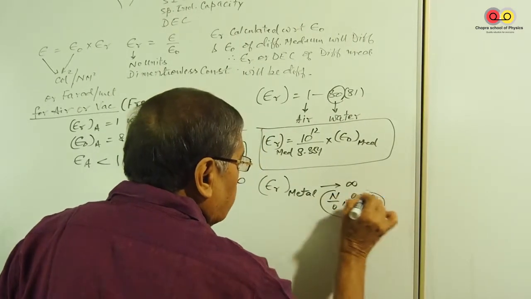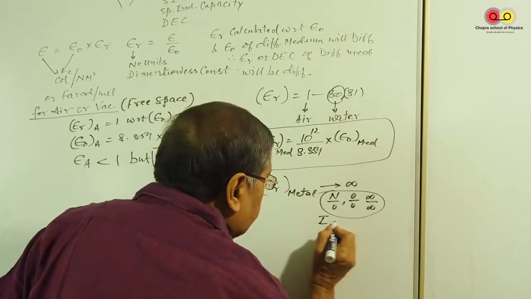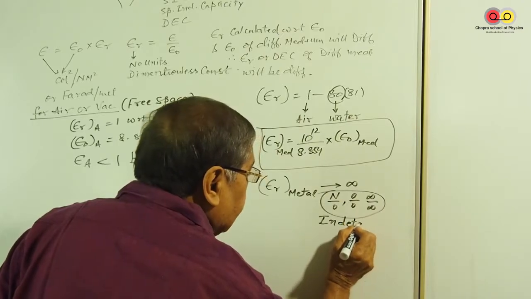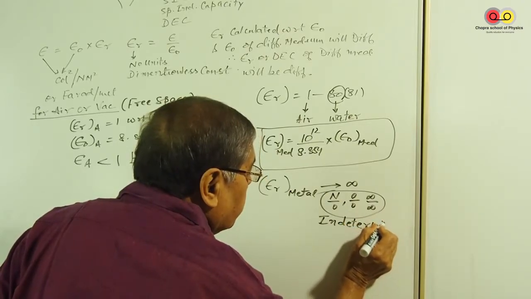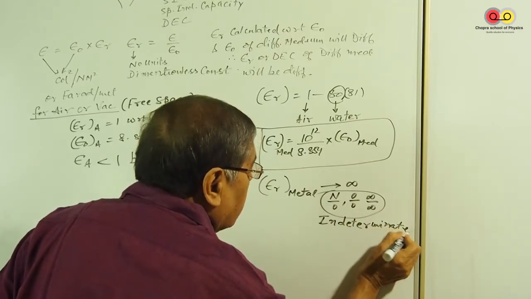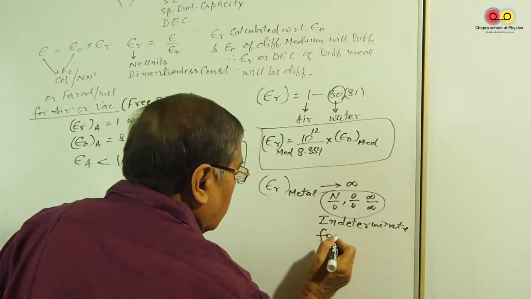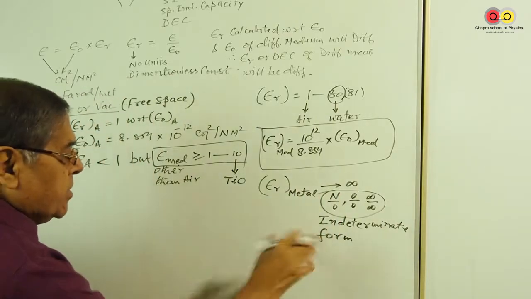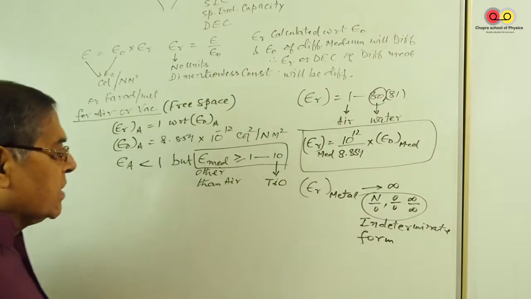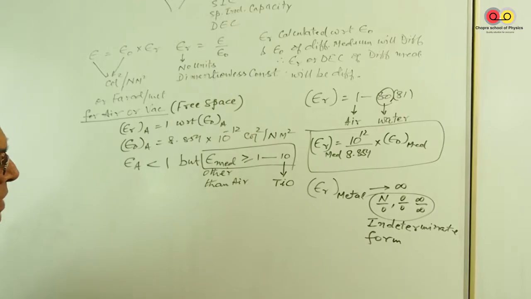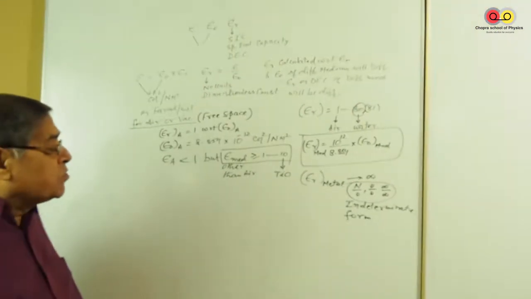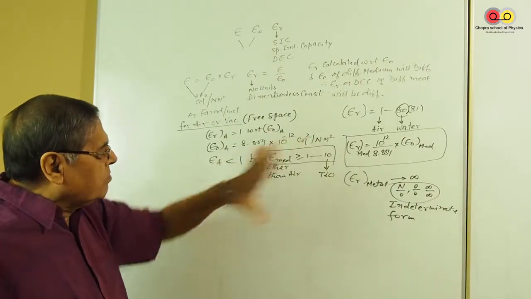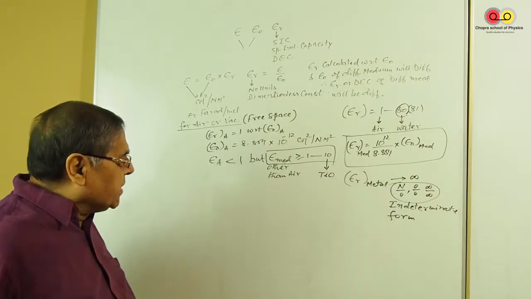This is called indeterminate form. You will know much about the indeterminate form in differential calculus when we discuss the limits of functions. So these are all about the dielectric constant, permittivities.